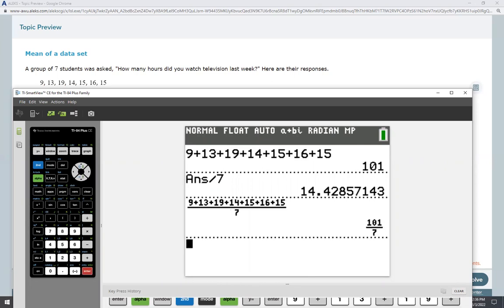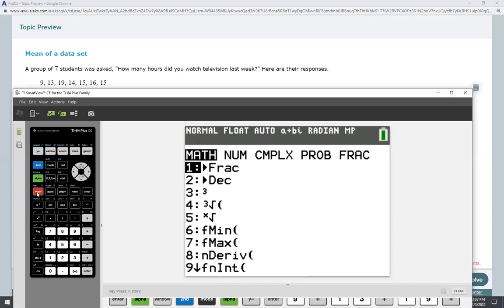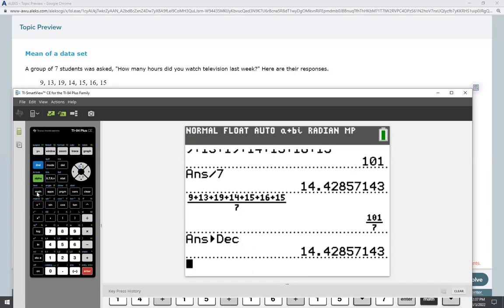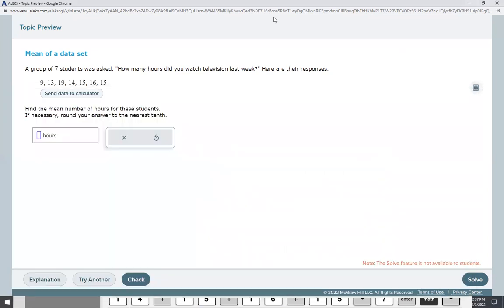And then, hey, there's that 101 again. And then you could type 101 divided by 7, or you could go to math, take decimal, and turn that into a decimal that way. So anyway, that's a little bit about how to do this.